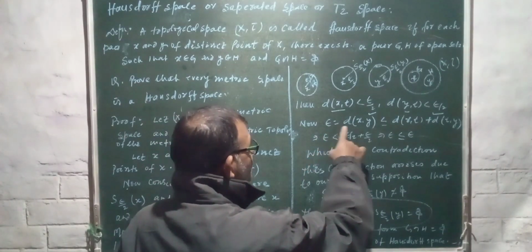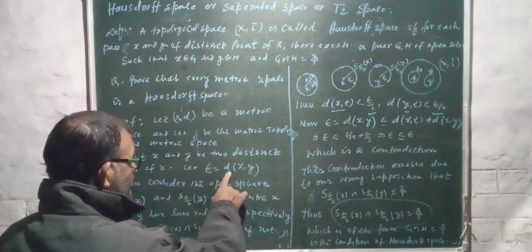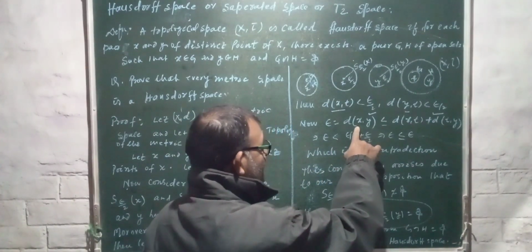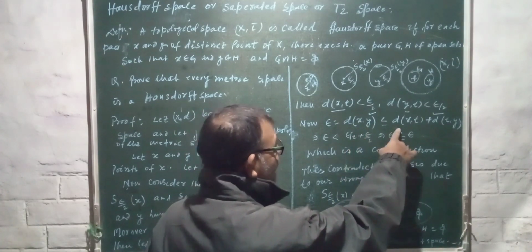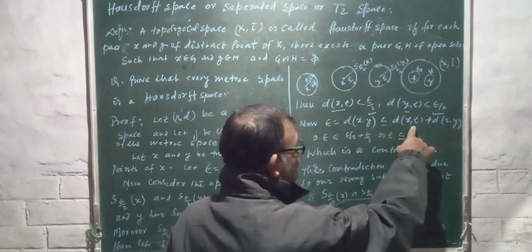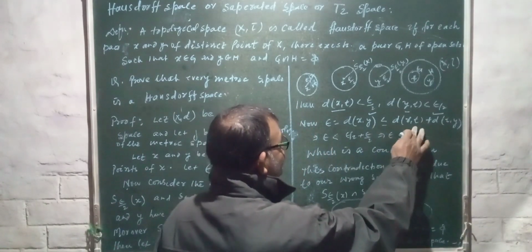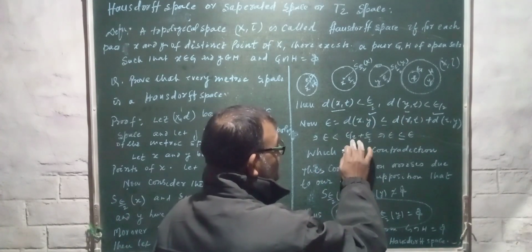Now epsilon is equal to d(x,y), which we have considered. But a property of metric space is that d(x,y) is less than or equal to d(x,t) plus d(t,y). So epsilon is less than or equal to d(x,t) plus d(t,y), but d(x,t) is less than epsilon by 2 and d(t,y) is less than epsilon by 2.